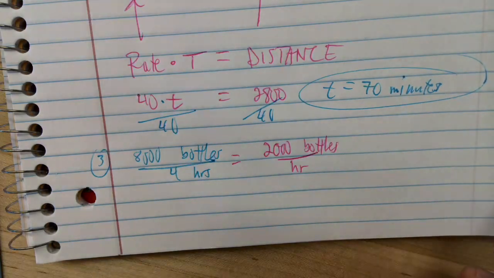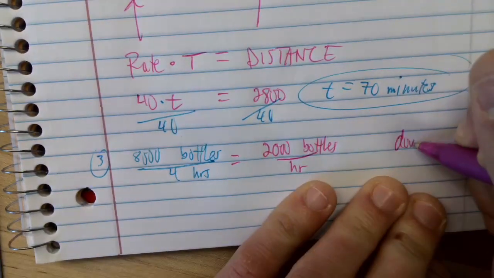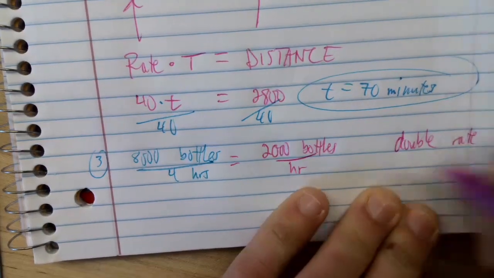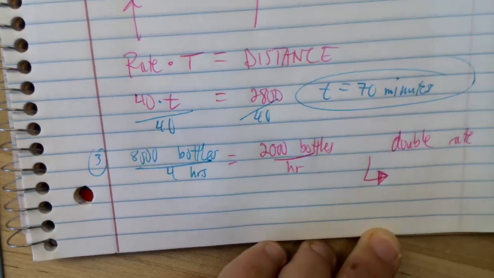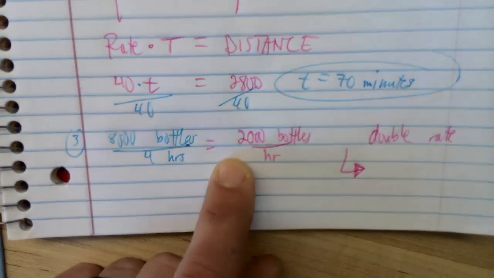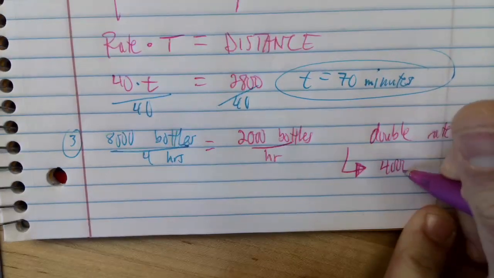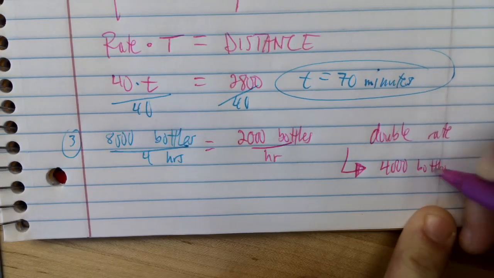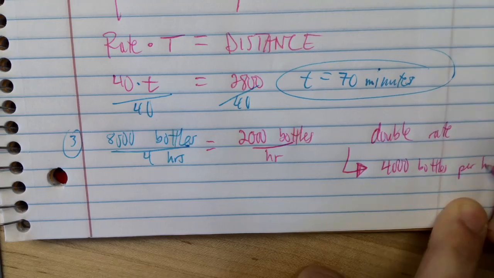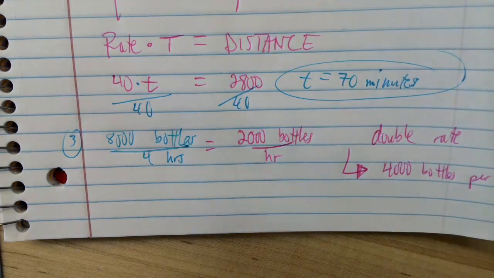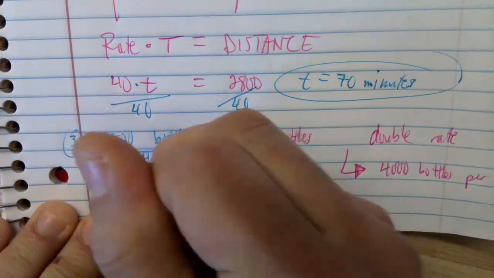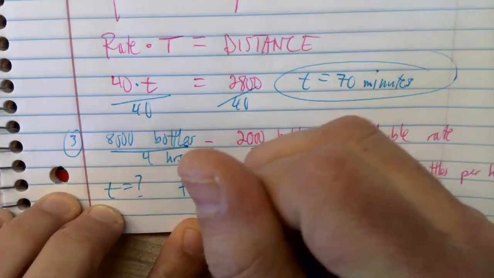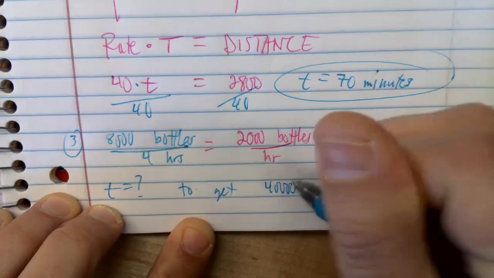Then it says if the rate is doubled. So then I want to double the rate. So what would my doubled rate be? If the initial one was 2,000 bottles, it would be 4,000 bottles per hour. Okay? And they're asking you, how long would it take? So I'm looking for time to get 40,000 bottles.